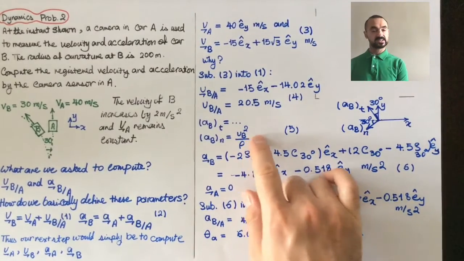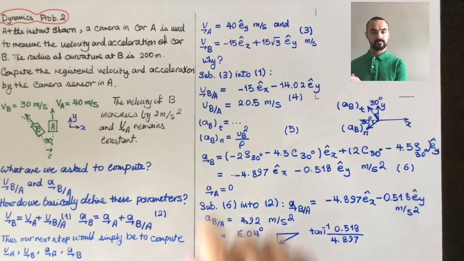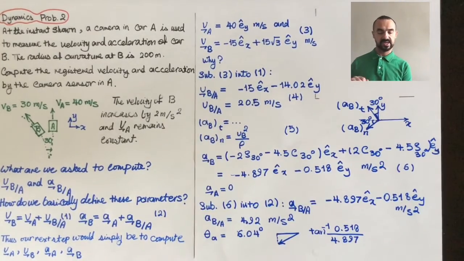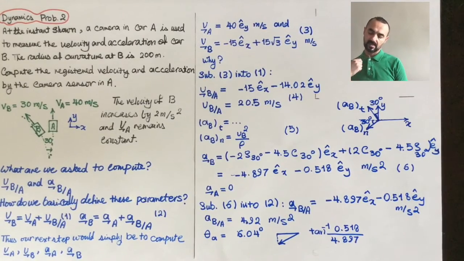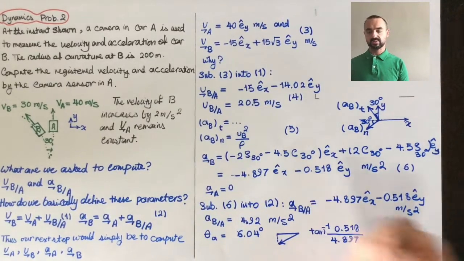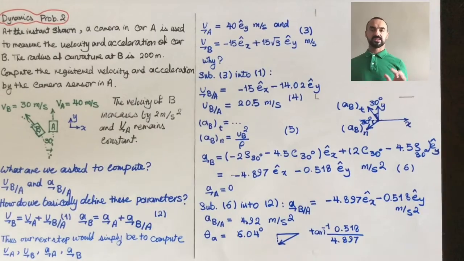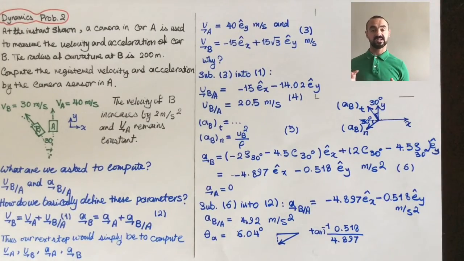Once you look at this acceleration in the tangential normal frame, it's pretty straightforward, right? What is the acceleration in the tangential frame? You simply have this 2 meters per second squared as your tangential acceleration, because tangential acceleration is the one that dictates the change in your velocity.